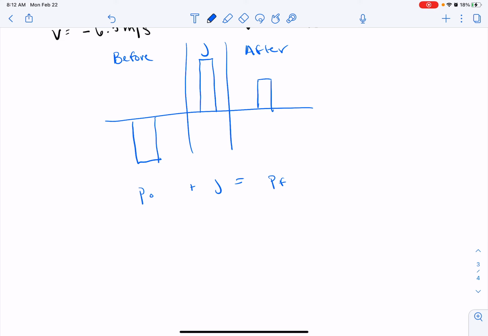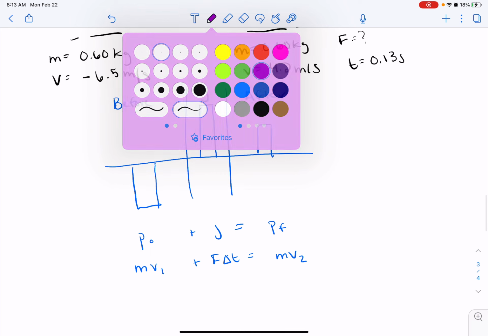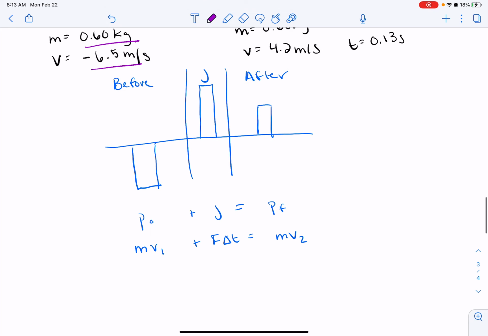And again, momentum is mass times velocity, so I can say this is mass times velocity 1 plus impulse, which is force times time, equals mass times velocity 2 for momentum final. Now I can start plugging in my numbers. My mass is 0.6. My starting velocity is negative 6.5.